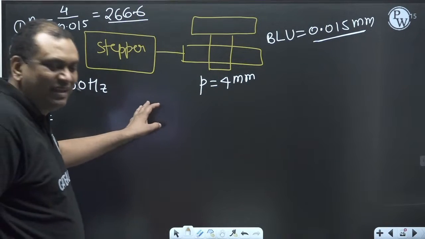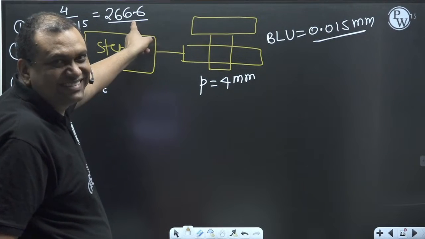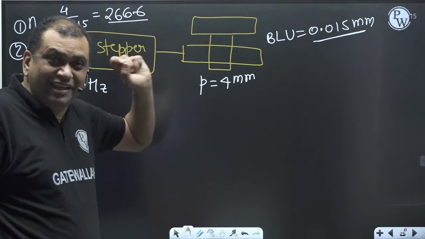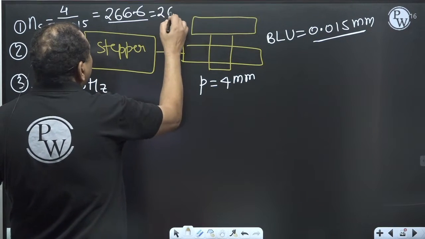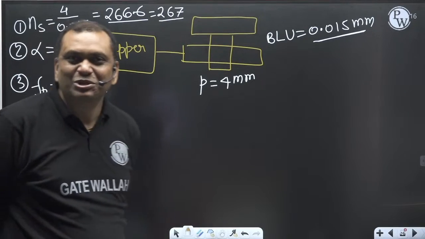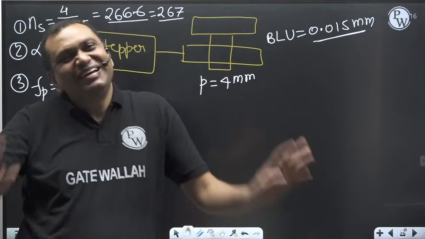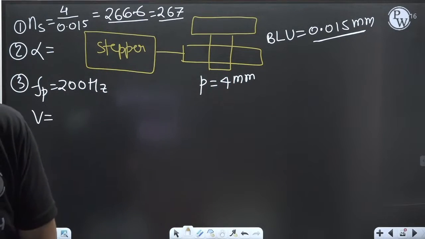See, number of steps cannot be in fractions. So you say 267. So number of steps are 267. It's an easy one. Very good.